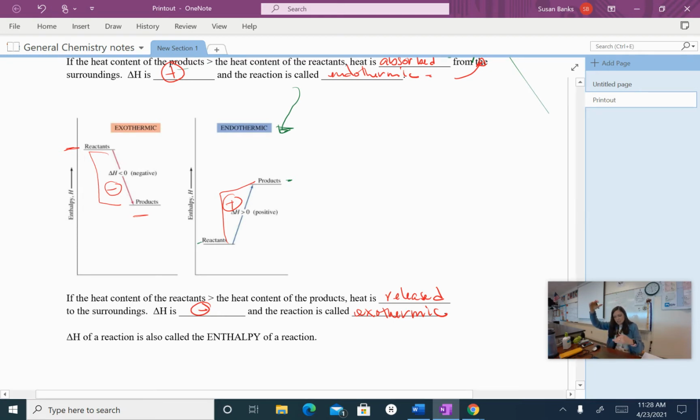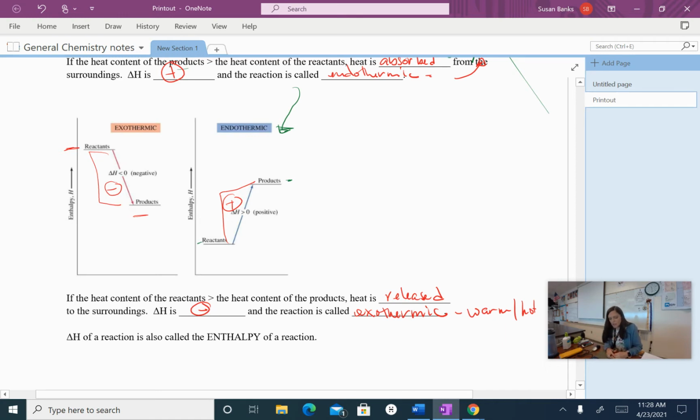That excess energy as we go from wood to the carbon dioxide and water is given off in a couple forms of energy. We have light from the fire that we can see, and we actually have heat that we can feel. That's why we use fire to warm ourselves up. Okay, so these reactions are going to feel warm or hot because energy is given off, it is released.